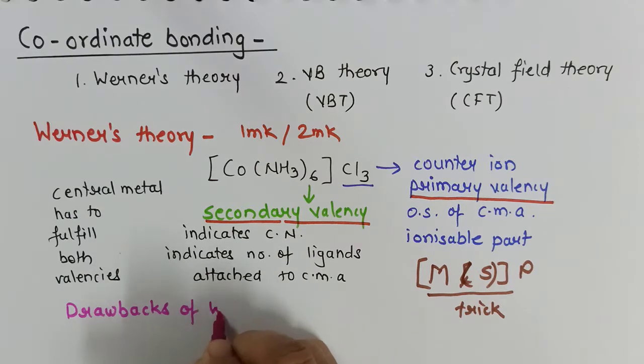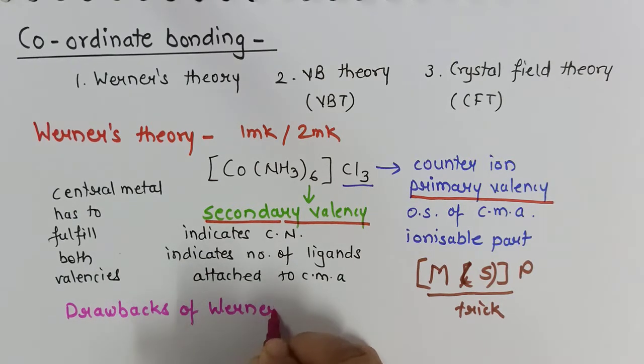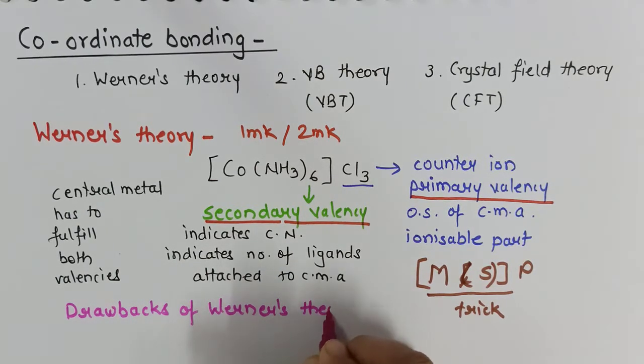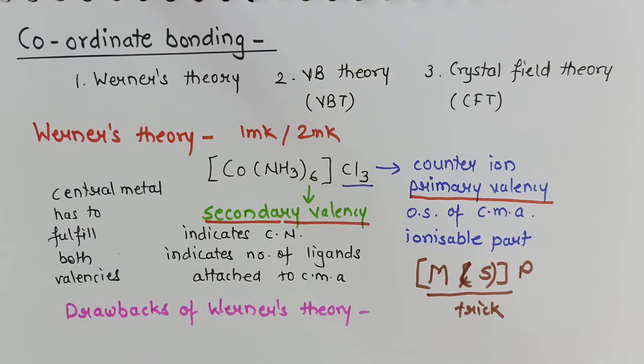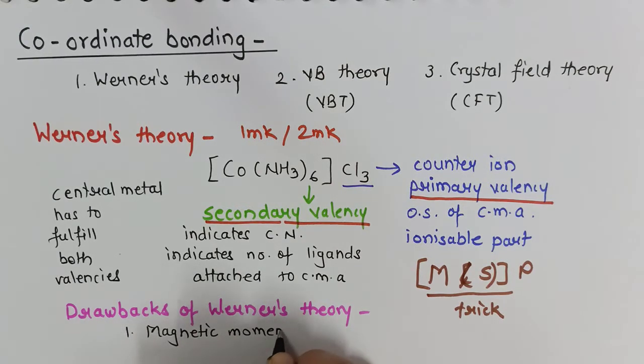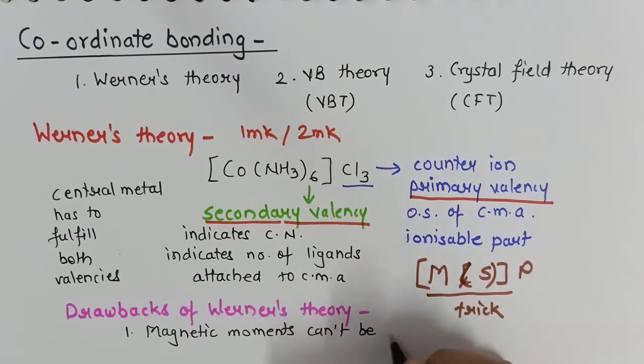So what are the drawbacks of Werner's theory? The very first one: the magnetic moment cannot be explained. Coordinate compounds have their own magnetic moment, and these magnetic moments cannot be explained with the help of Werner's theory.